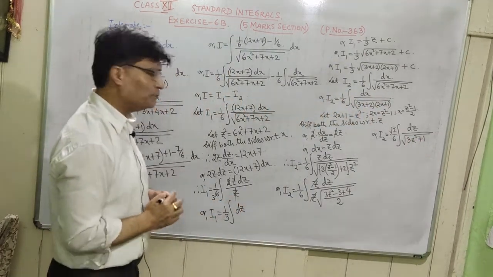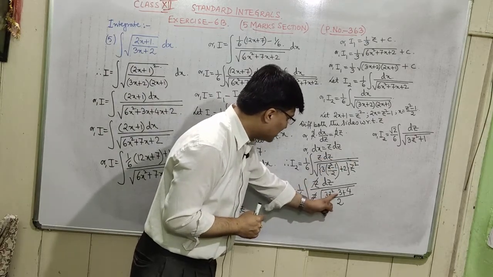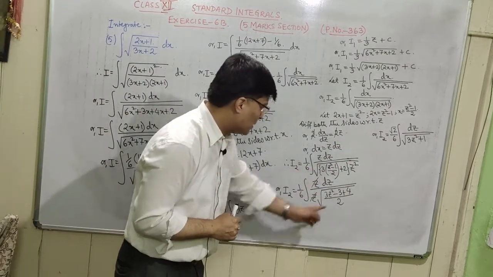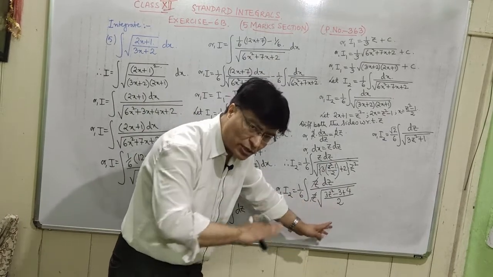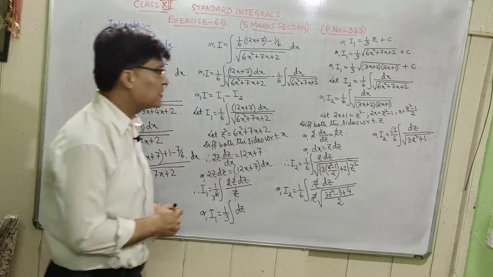Is that clear now? It is 3z square, and this is minus 3 plus 4, which is equal to 1. The root 2 in the denominator goes up in the numerator, so it is root 2 by 6.